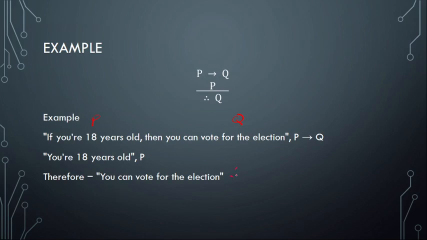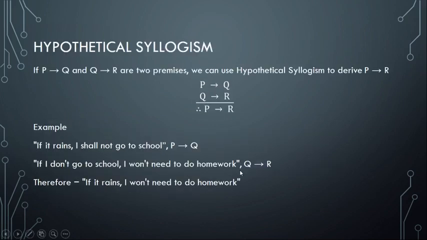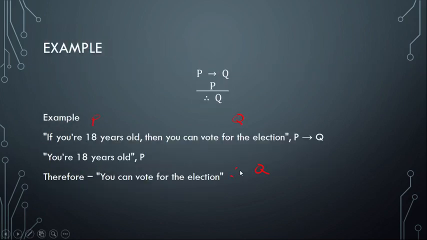So, therefore, Q. That's modus ponens. So, the two hypotheses, the if then, the proposition na P or any variable na proposition, therefore, then the conclusion.